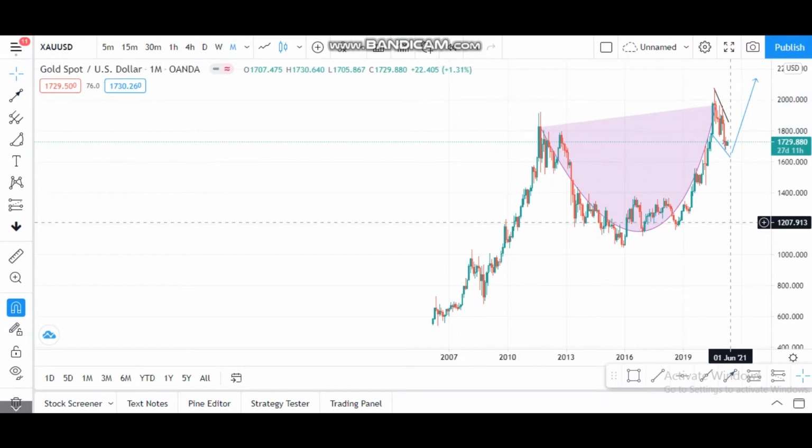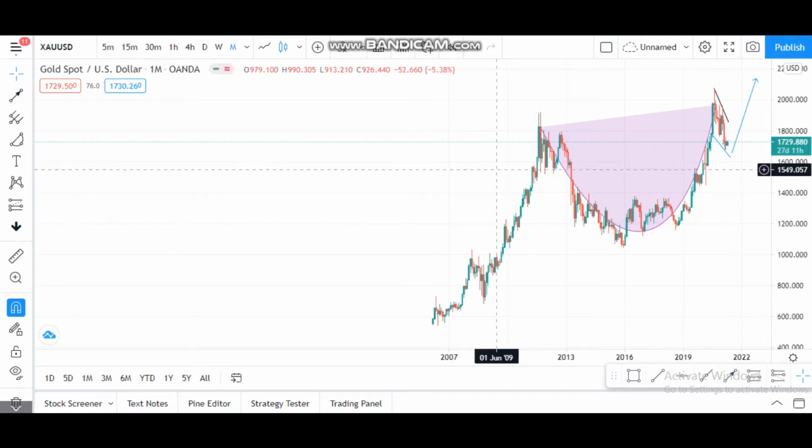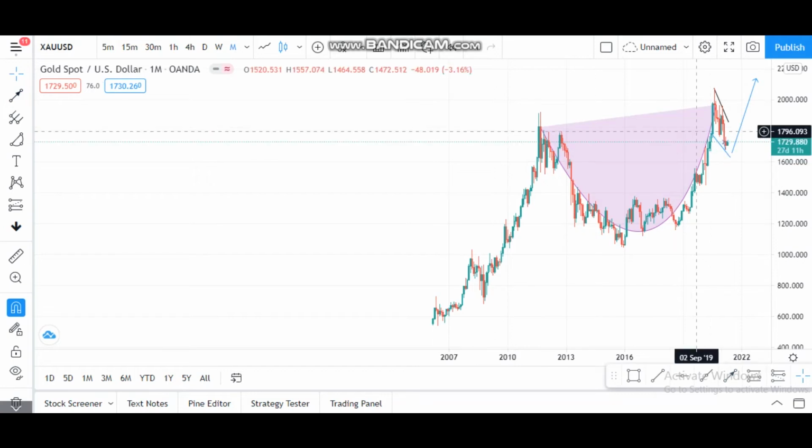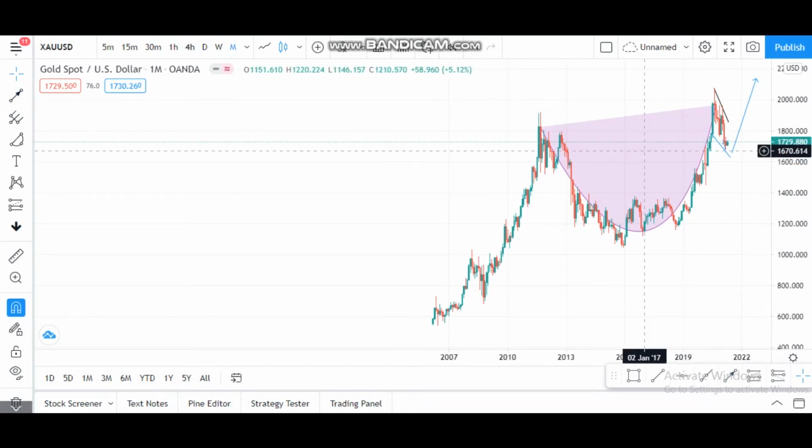But the fact is that here we need to have some sell momentum so that it can complete the cup. So we dive into lower time frames.